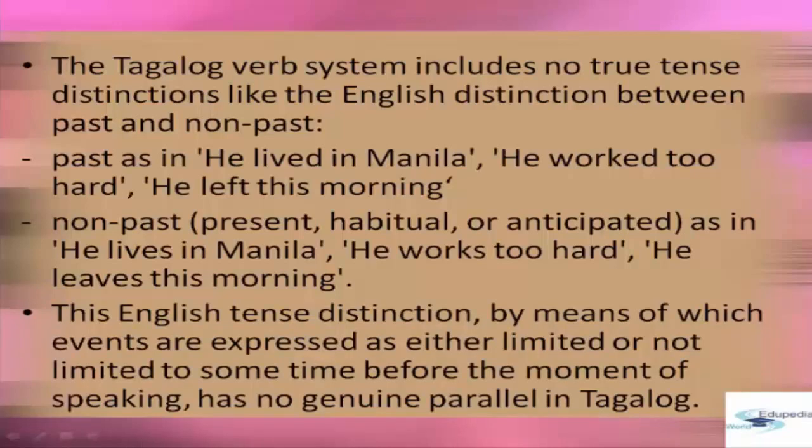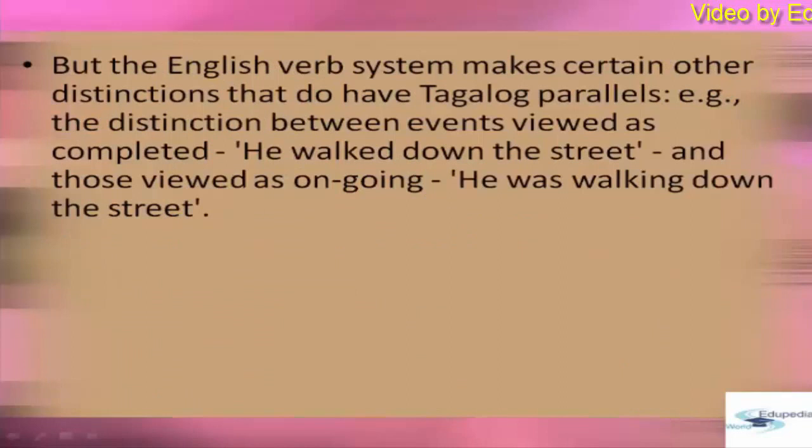This English tense distinction, by means of which events are expressed as either limited or not limited to some time before the moment of speaking, has no genuine parallel in Tagalog. But the English verb system makes certain other distinctions that do have Tagalog parallels.